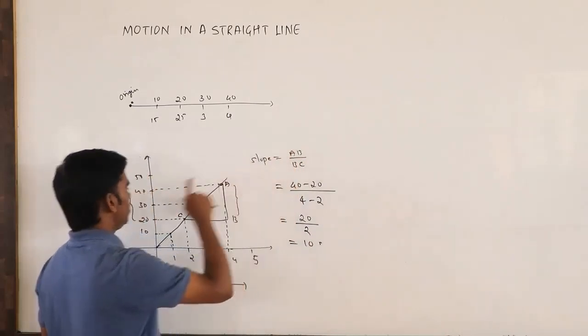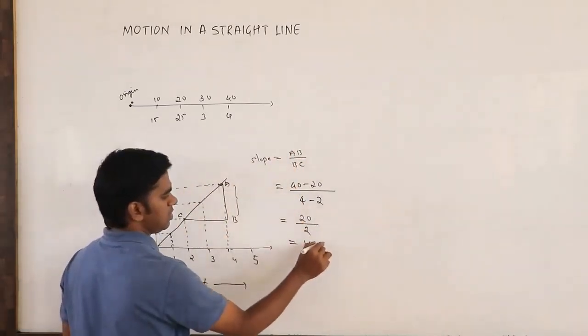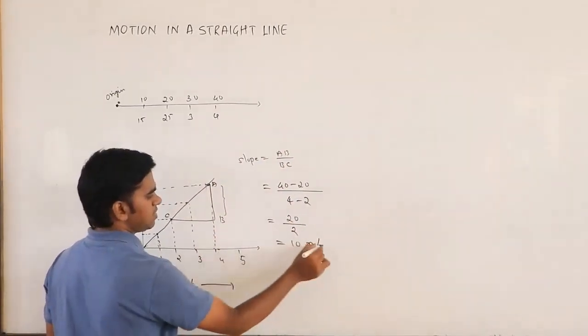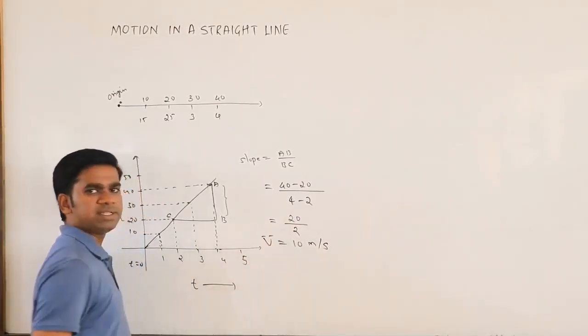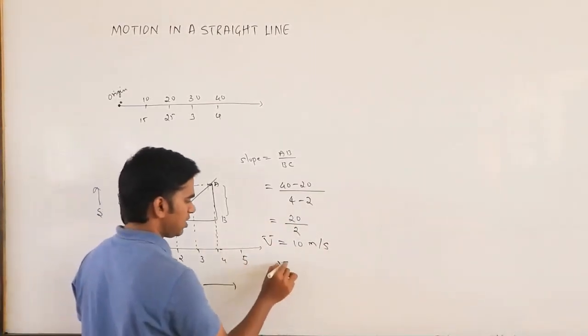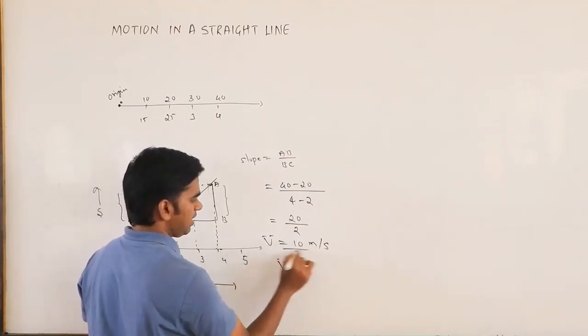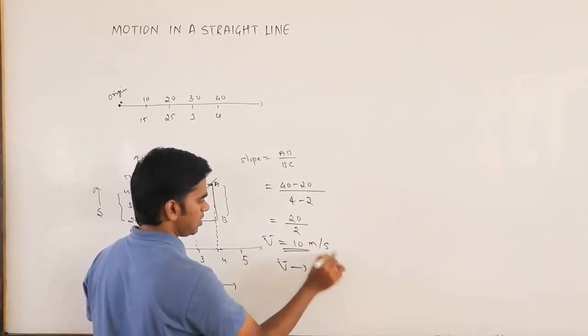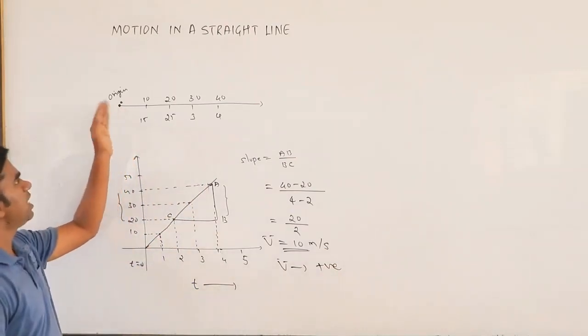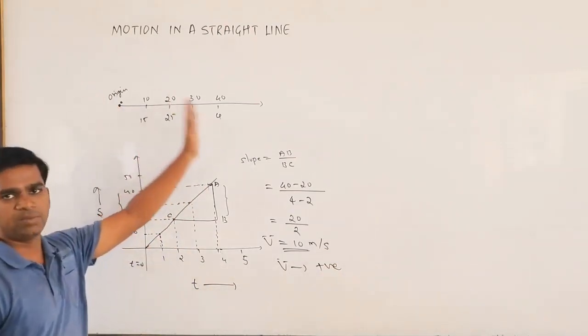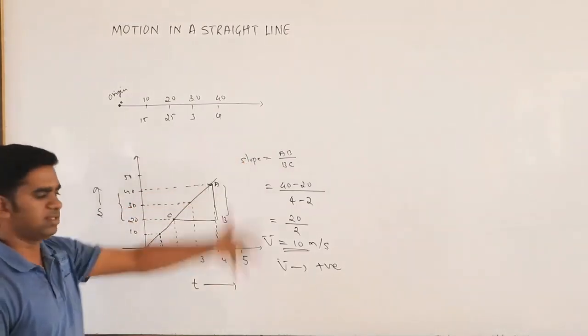Here distance is in meters, divided by time in seconds, so meter per second. So this slope is nothing but velocity. V is positive; you are not getting any negative value. V is positive, that means the object started from the origin and is moving in the direction of the x axis.